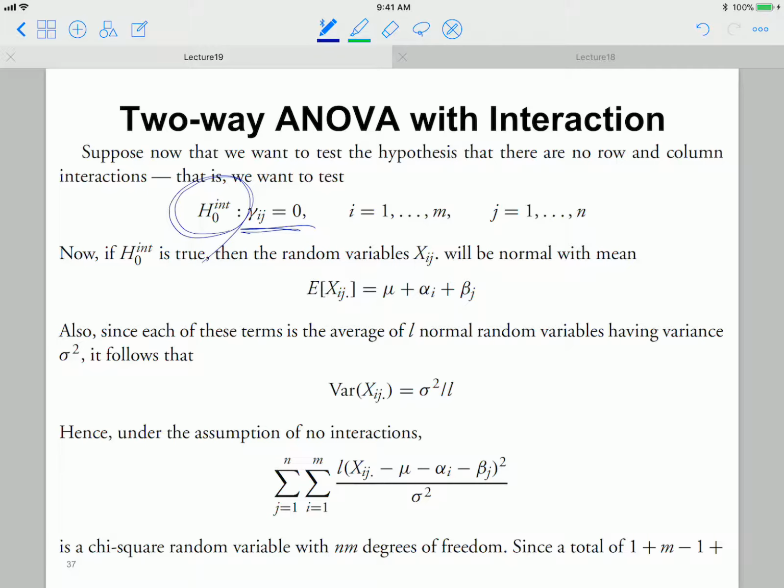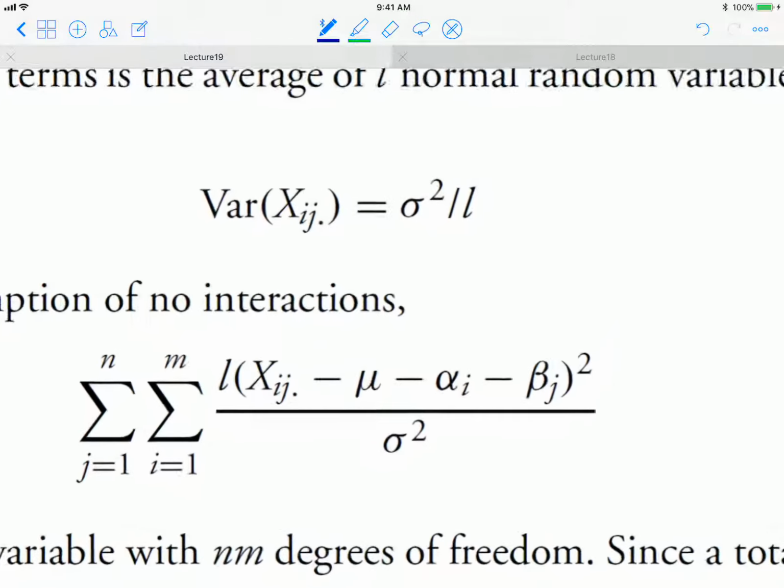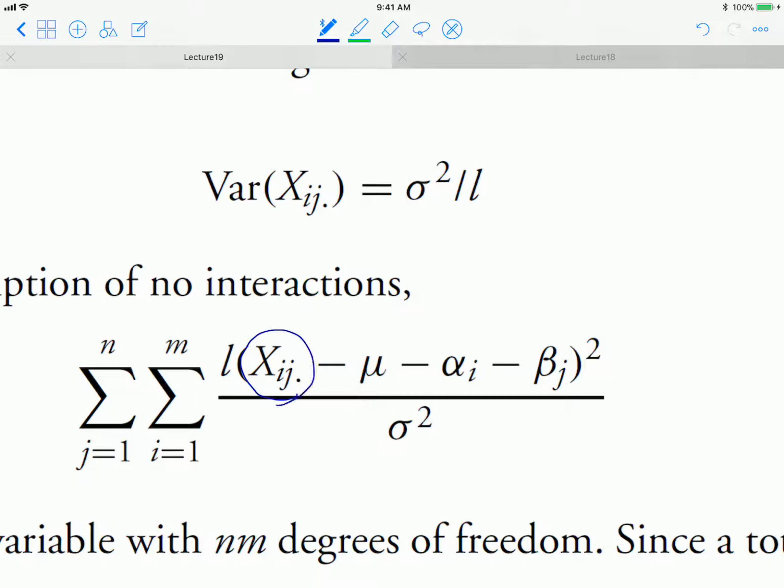And then what about the second way of computing sigma squared? Here we consider this guy, x_ij dot.